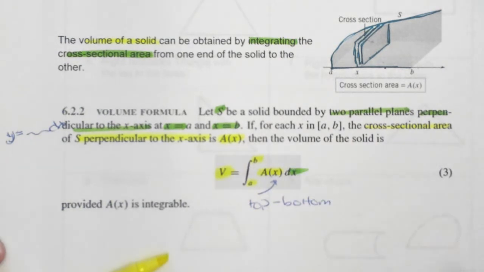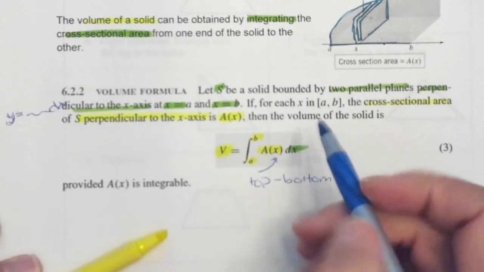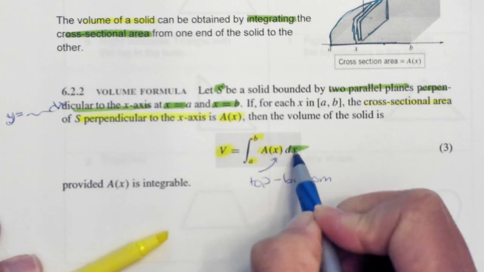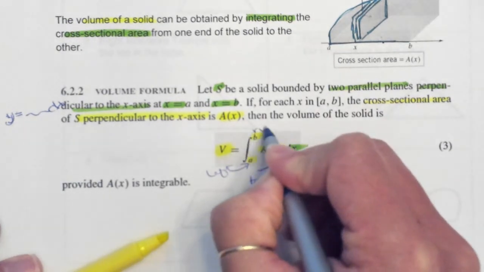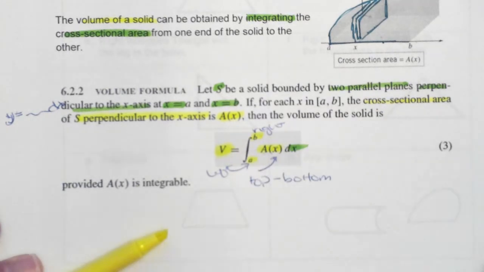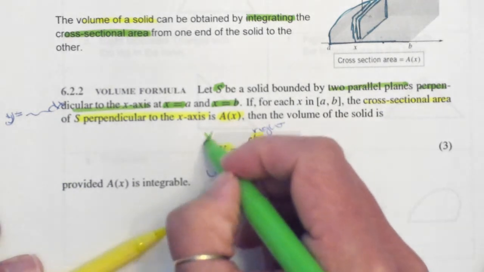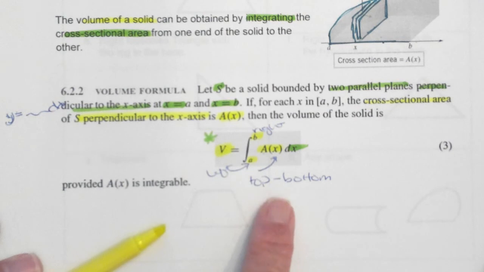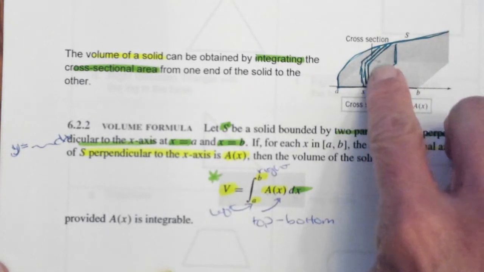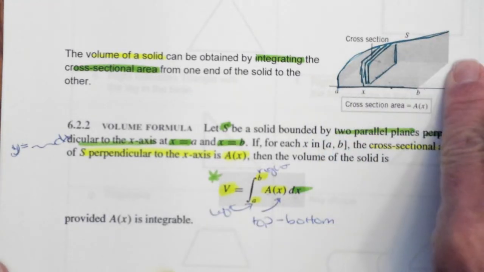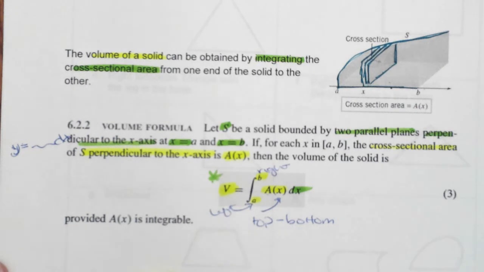So remember here, this will represent your height, this would represent your width, this is from the left, and this is from the right. So this right here is extremely important that you know, and what you're doing is taking the area of a cross section across the entire area between the two curves, okay, to find the volume.